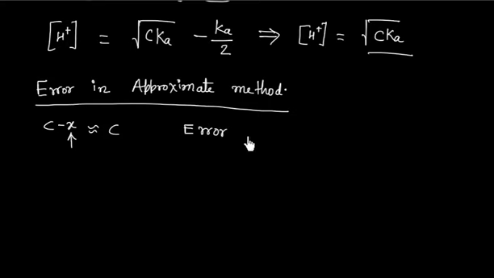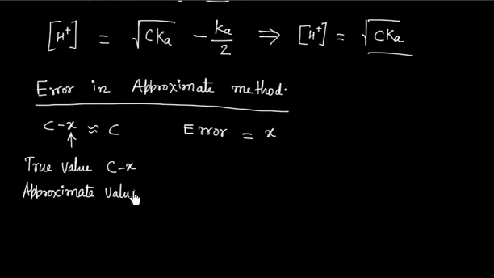Error is equal to x. If I ask what is the true value, this c minus x is the true value and c is the approximate value. So let me write: true value is c minus x. What is the approximate value? Approximate value is c. Are you getting?